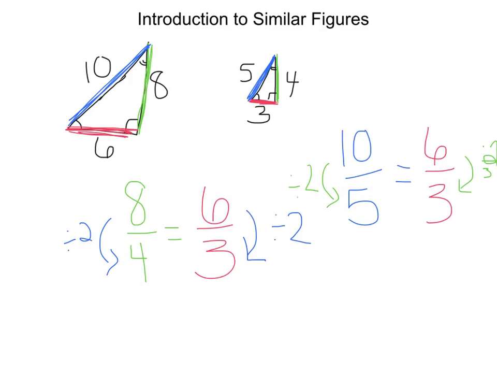And the last thing, remember, that similar figures must have is corresponding angles have the same measure. So let's check and see up here. I see that this bottom right angle is a right angle, 90 degrees. Same as in our smaller figure. And then these little symbols here in the corners tell us that this angle and this angle are congruent.